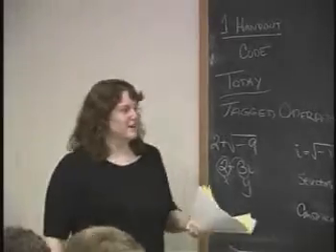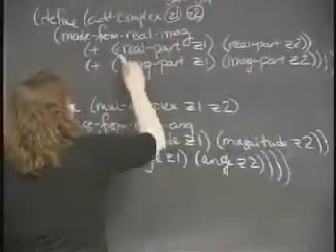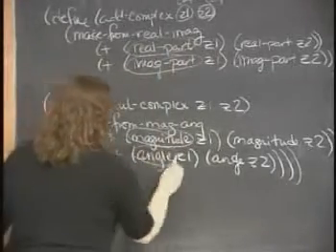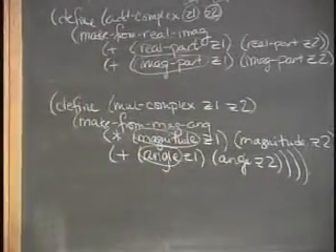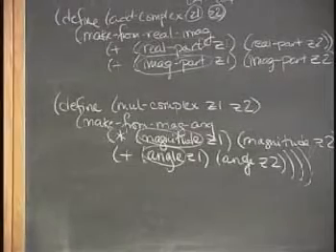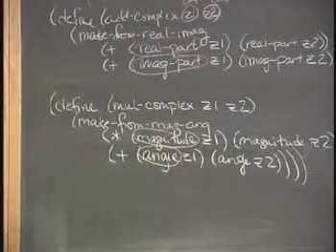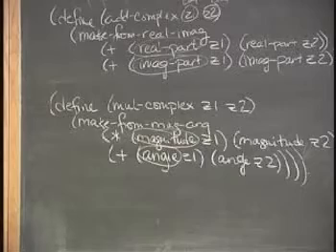Exactly. Why don't we change our system so that real part, imag part, magnitude, and angle somehow will pick out the right thing. So if we happen to pass in rectangular coordinates here, we'll somehow get polar coordinates out.